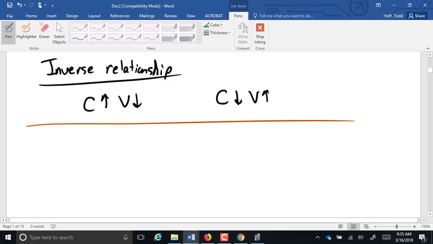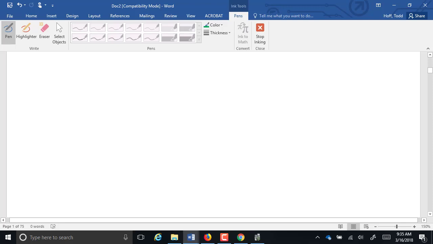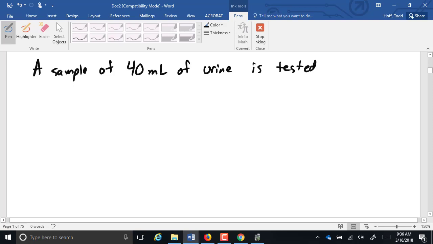Okay, so let's look at another problem with our dilutions. This might be a little bit of a throwback, so brace yourself. A sample of 40 milliliters of urine is tested after being diluted.